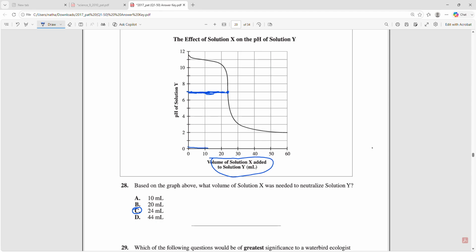If we start with 0 and we go testing different amounts of solution until we get to 60 mils, we want to see what quantity of that solution got us to that 7 pH. That's when it's neutralized. So it should be around 20, maybe a little less than 25, and there it is, 24.